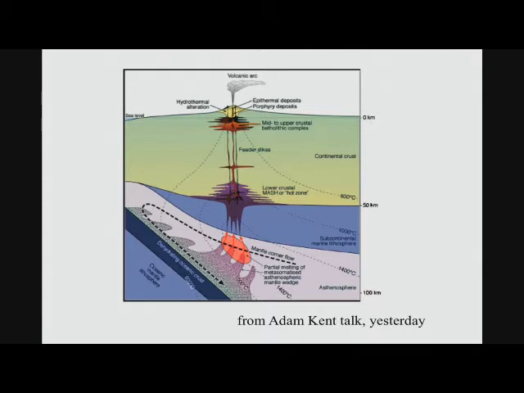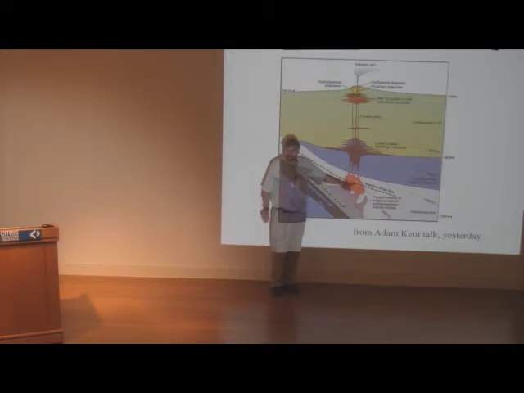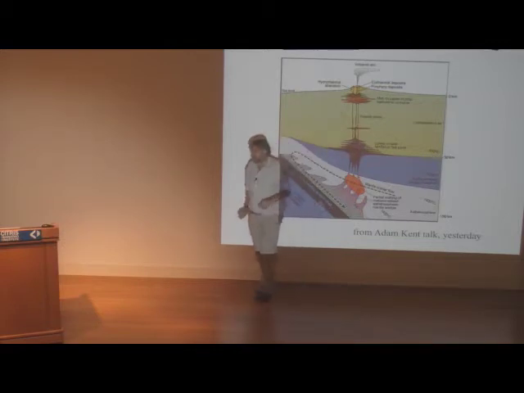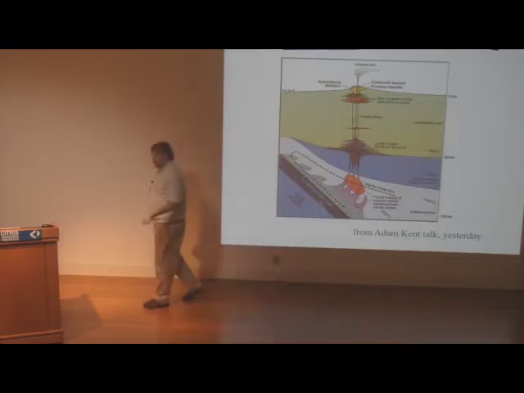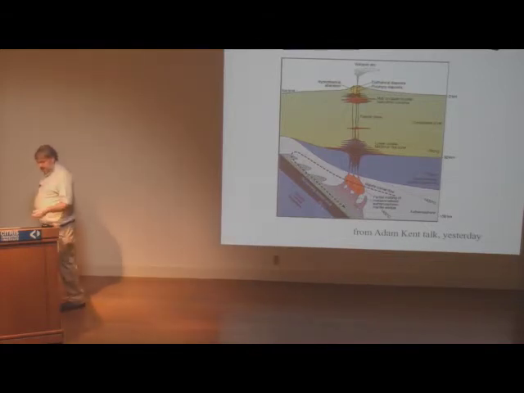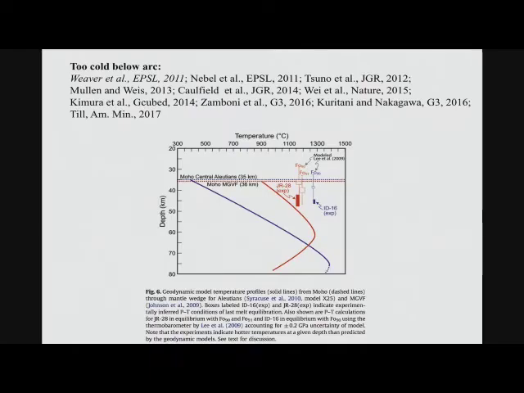So I was heartened by Adam's cartoon, where he doesn't have a cold corner, but it's okay. You get melting at depth in the corner, and then you have this submantle lithosphere that's being penetrated, and at the lower crust you get this MASH hot zone that then eventually leads up, so there should be magma transport from the bottom of the lithosphere into the bottom of the crust.